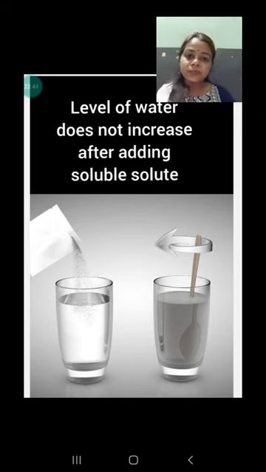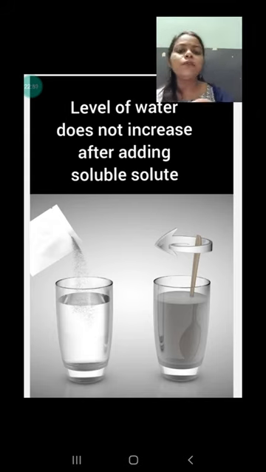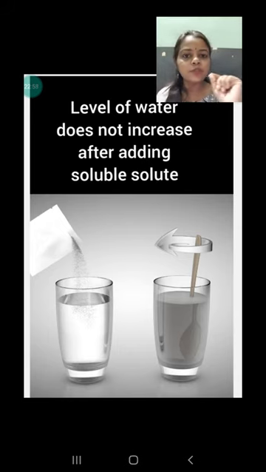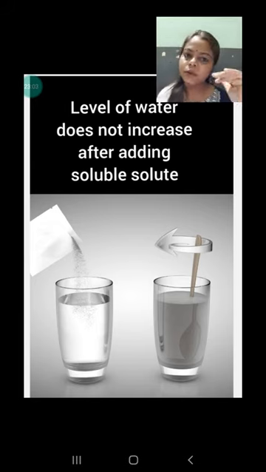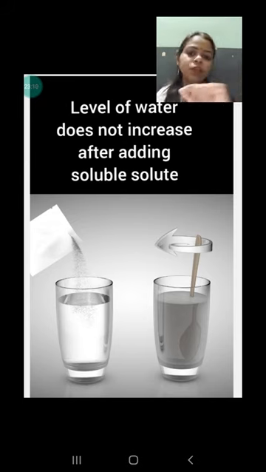Whatever empty space is there between the molecules of the water, only there the molecules of the solute go, and that's why the level of the water does not increase when we add a soluble substance. Remember, soluble substance. If we add an insoluble substance, then the level of the water can increase. But if we add sugar, salt and other soluble substances, then the level of the water will not increase.